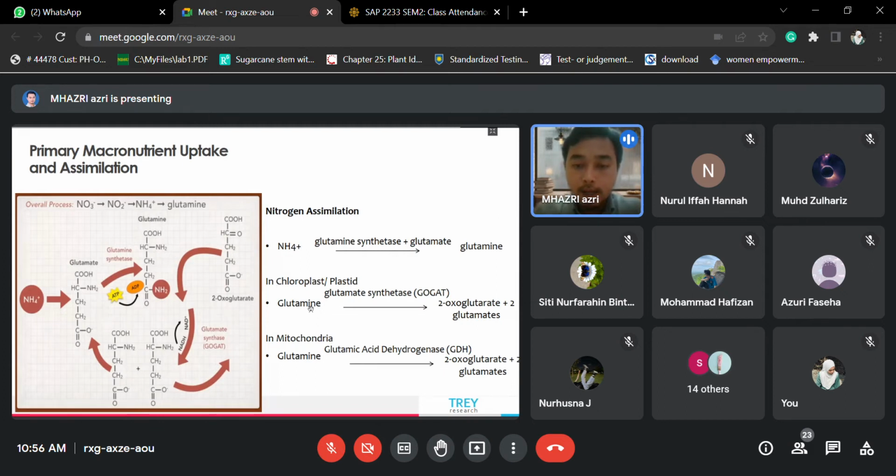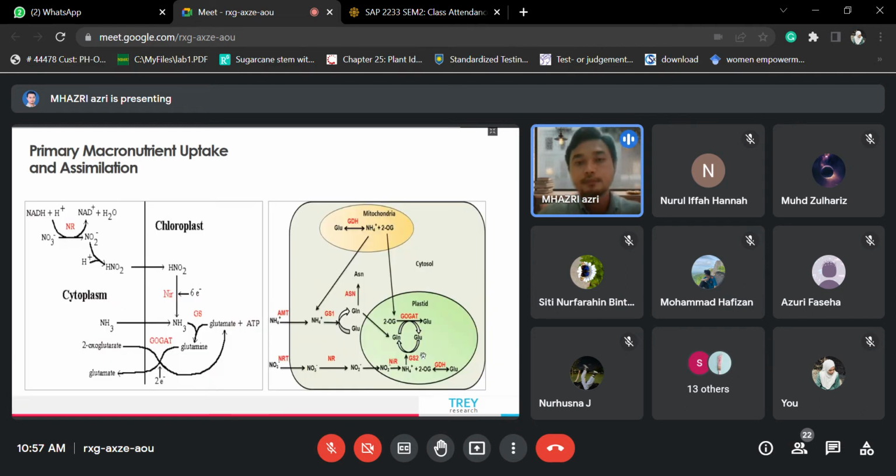In chloroplast, the enzyme that catalyzes this process is glutamate synthase or GOGAT. But in mitochondria, the enzyme involved in this process is glutamic acid dehydrogenase. Okay, so ingat tadi nitrate dia boleh be reduced again to ammonia in chloroplast.